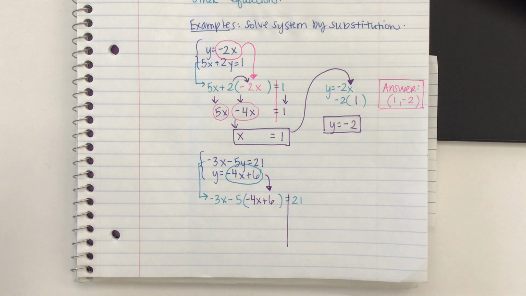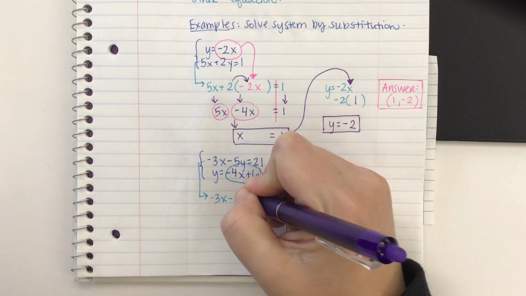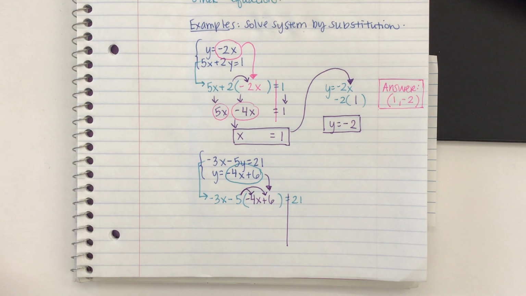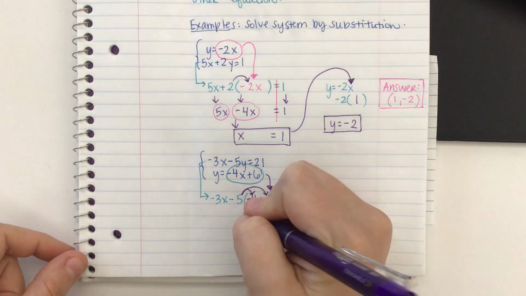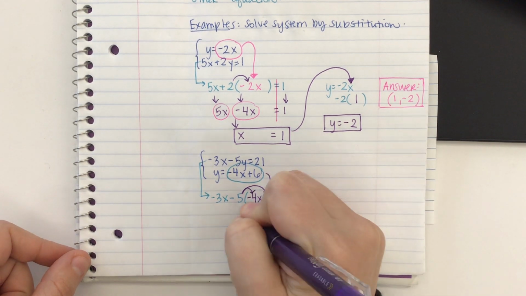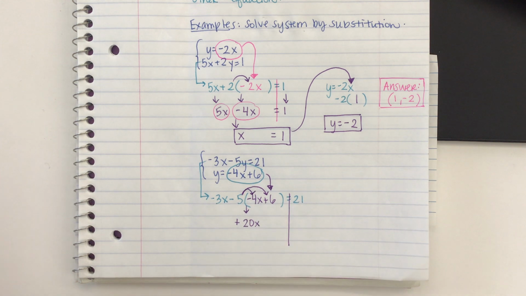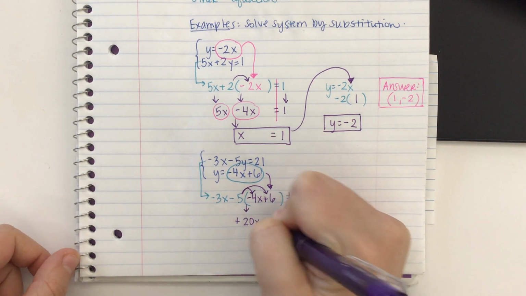Then I'm going to distribute. And the way I distribute is by taking the number on the outside of my parentheses and multiplying it by everything on the inside. So we have two terms that I have to distribute to. So negative 5 times negative 4x is positive 20x. And negative 5 times positive 6 is negative 30.